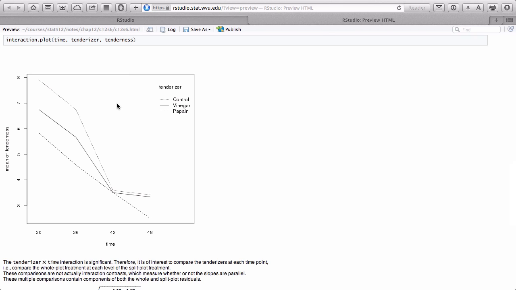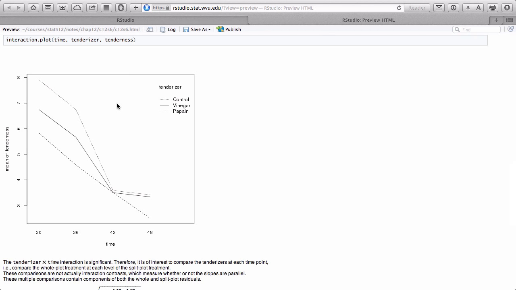Okay, so that's the interaction plot. You're typically interested in that. You can tell that there's going to be a big time effect because it starts out high and by the time you end it's much lower. And we can see overall that there's a tenderizer effect, but that tenderizer effect's not uniform.